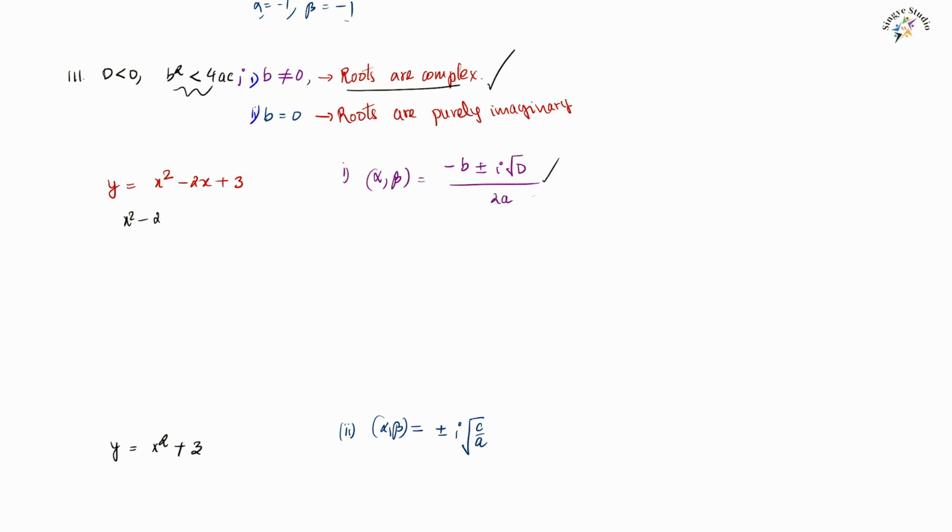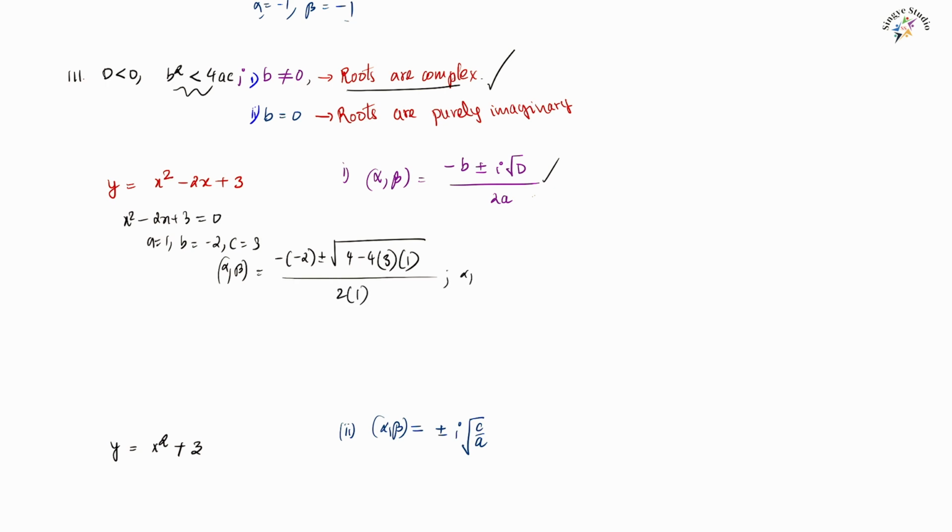We have x squared minus 2x plus 3 equals 0, and a equals 1, b equals negative 2 and c equals 3. So finding alpha beta, we get negative of negative 2 plus or minus root of negative 2 squared is 4, minus 4 times 3, a value is 1 and c value is 3.